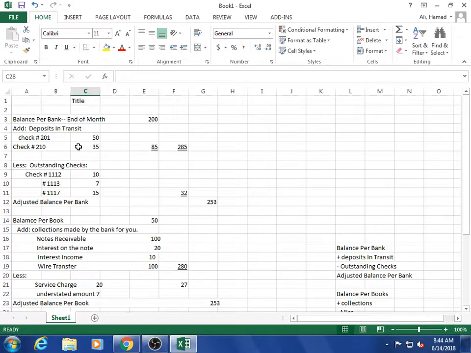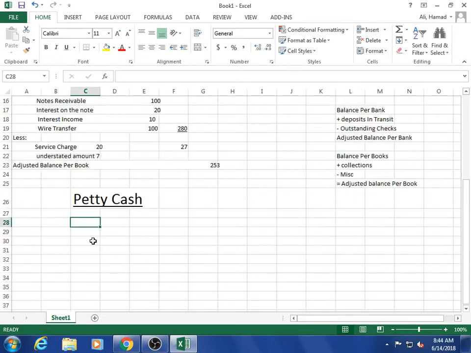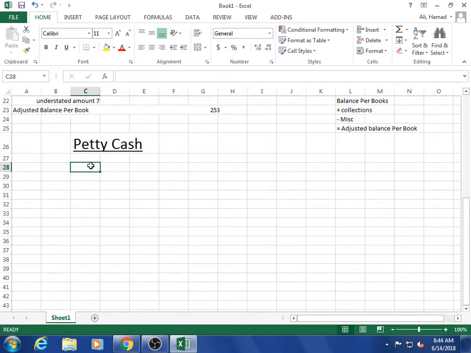So the first step in the petty cash fund is to establish the fund. When we establish the fund, we're going to debit petty cash and credit what? Cash.